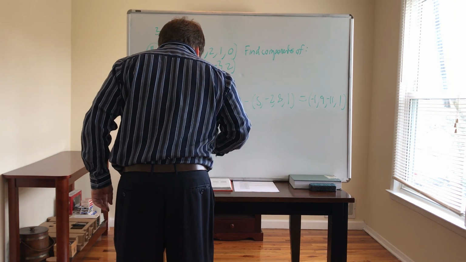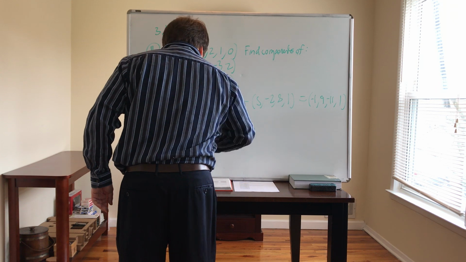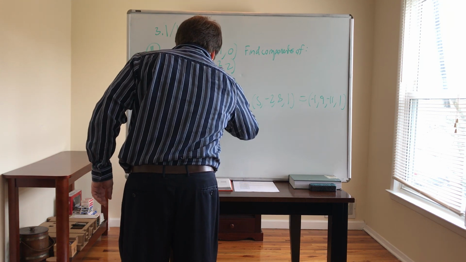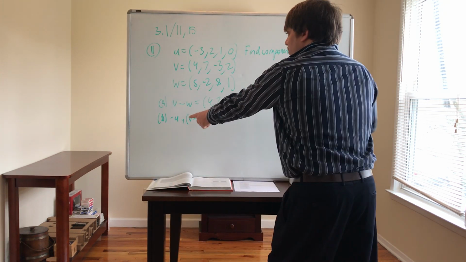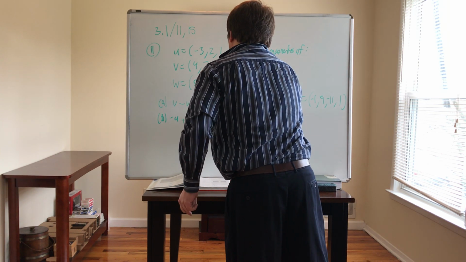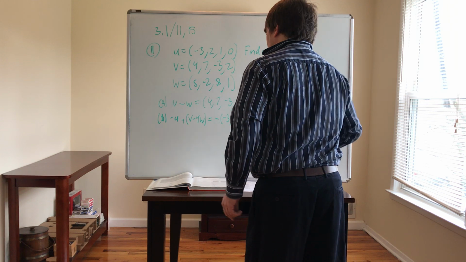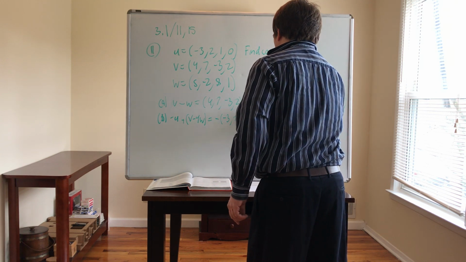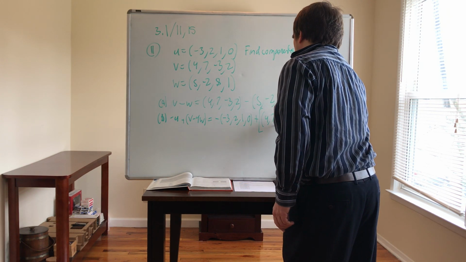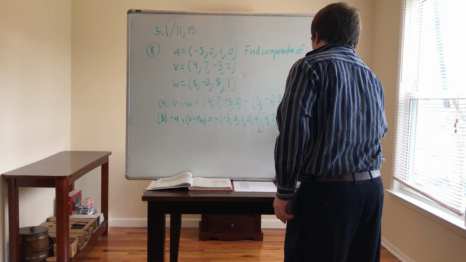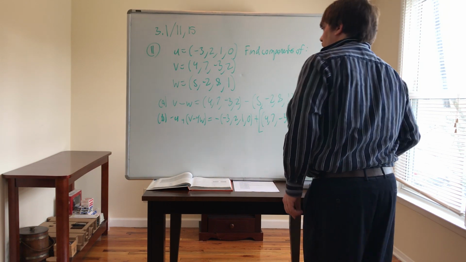Part B is negative u plus v minus 4w. Good. So negative u is negative that vector plus v minus 4 times w. And v is here, and w is here.